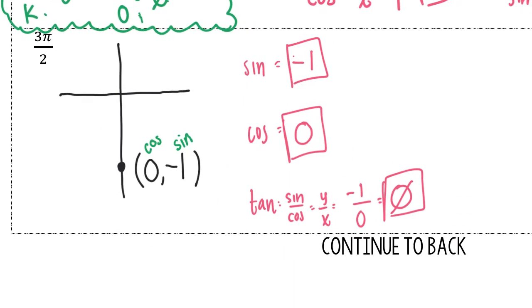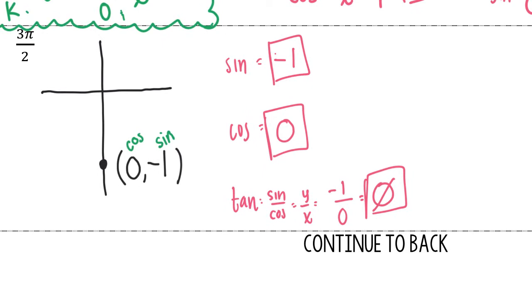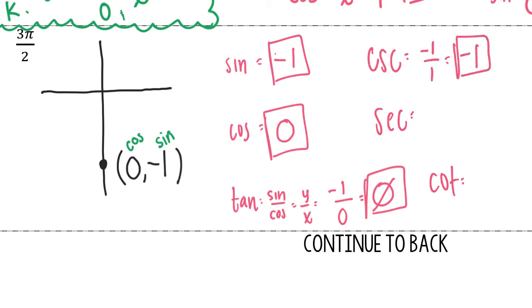Now let's find the reciprocals. Cosecant, secant, and cotangent. The reciprocal of -1 is -1 over 1, which would just be -1. The reciprocal of 0 is 1 over 0, which is undefined.